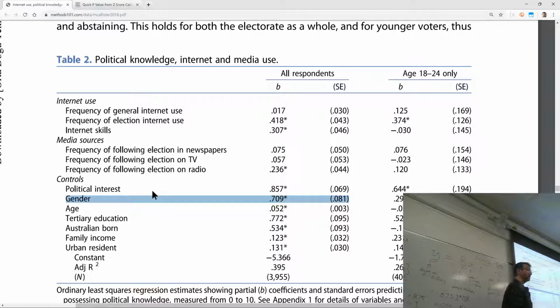But for our intents and purposes, and 99.9% of the time, it's an R squared. And it says that all of these variables together, at best, could explain 40% of the variation in the quiz scores.